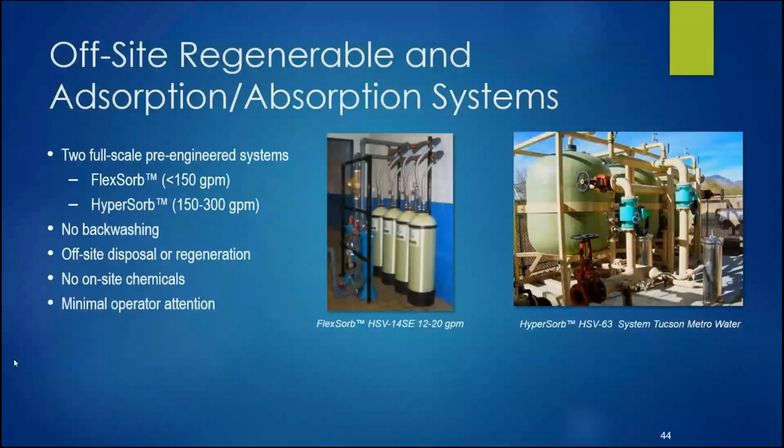In that particular case, they can be as small as 3 cubic feet per vessel, and all the way up to 36-inch diameter or even larger ion exchange tanks, in which the tanks are moved. The Hypersorb system, which is also going to be presented here, is for the higher flows, and the resin is actually moved back and forth.